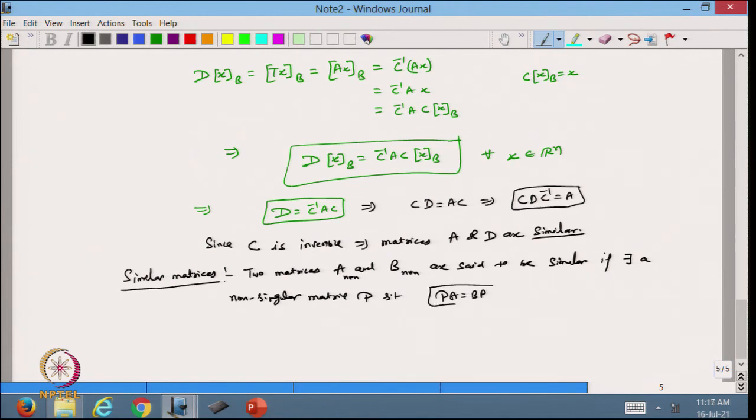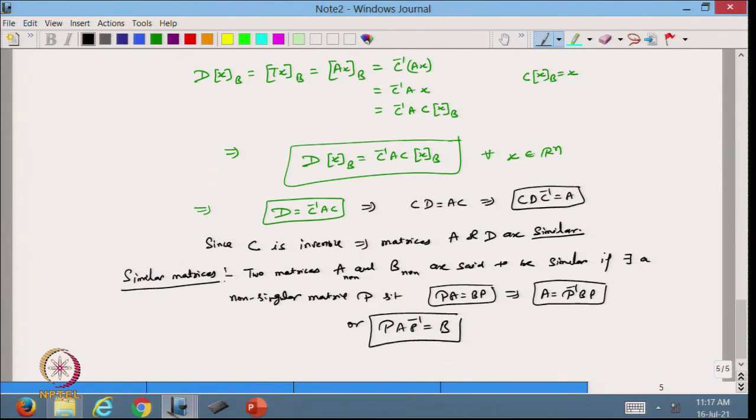So, from here, because P is invertible, I can take the inverse, so A will be equal to P inverse B P, or from here I can write that P inverse A P is equal to B. So, this is the definition of similar matrices.